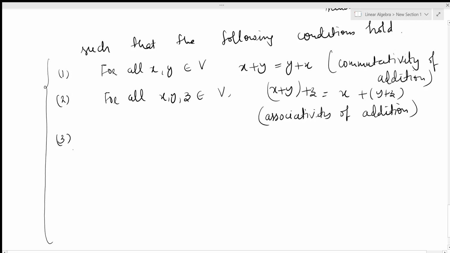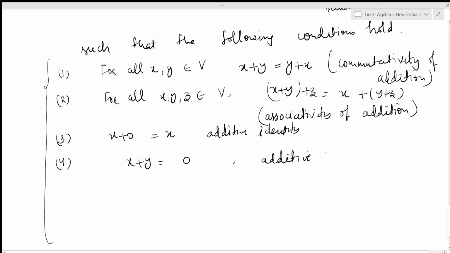The third one is x plus 0 is x, the additive identity. The fourth is x plus y is 0, the additive inverse, inverse with respect to addition.